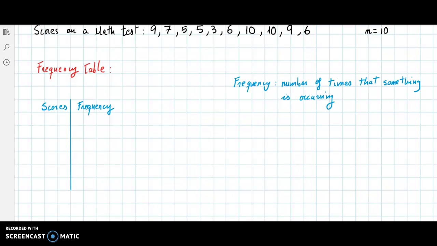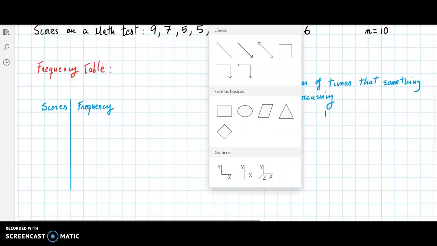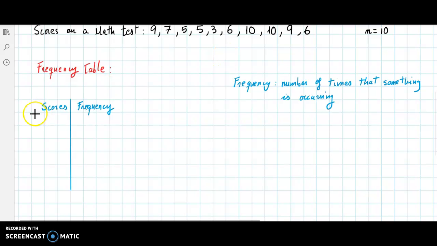So for example, if we choose one score, the 7, what is the frequency? How many times is that score occurring? To do this, we start with the lowest score, the smallest score. The smallest score is the 3.